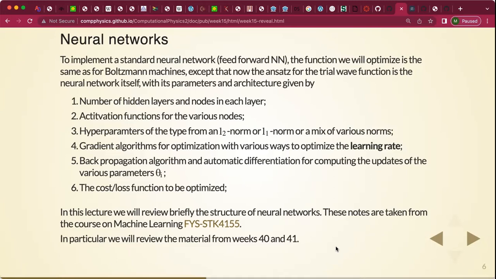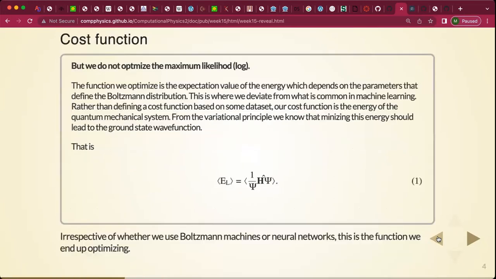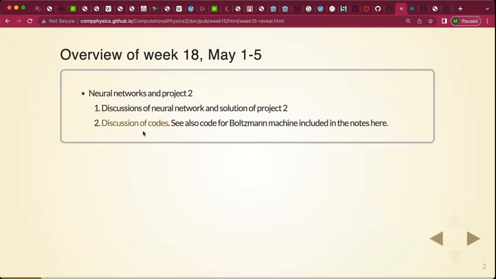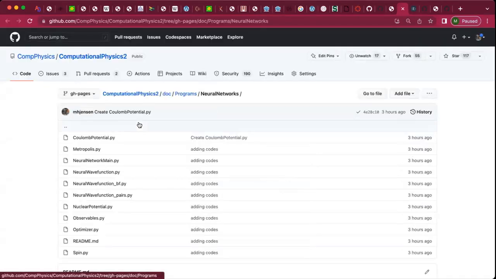The codes which we have, on the other hand, if you now go back to the very first slide for today, you can go into this link here, and you will find first of all a main program, which is this neural network main, which is the one you would need to run. There is an unfinished function with a Coulomb potential.